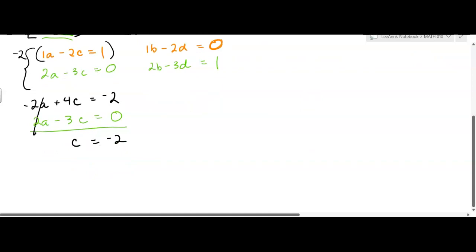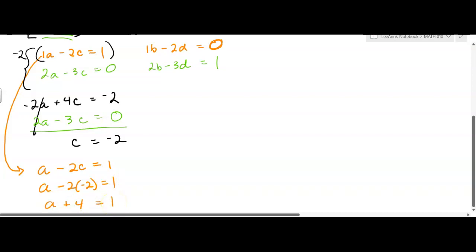Well, I'm going to take that orange equation at the top, A minus 2C equals 1, and plug in C, which was negative 2.